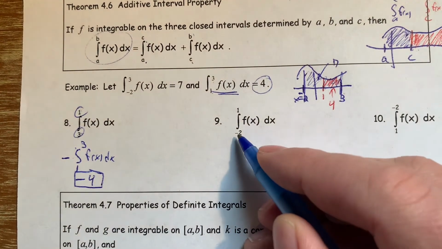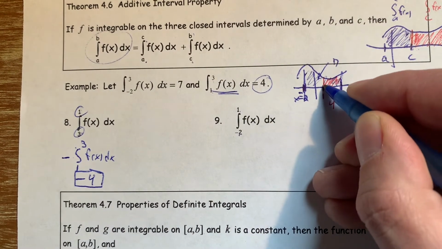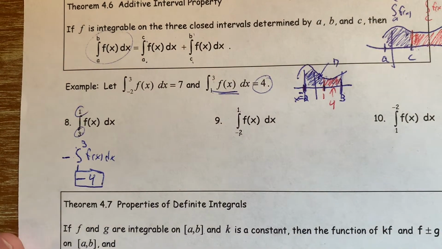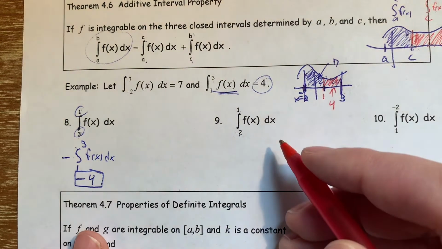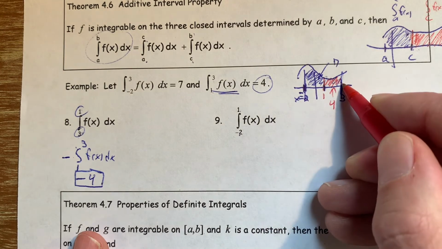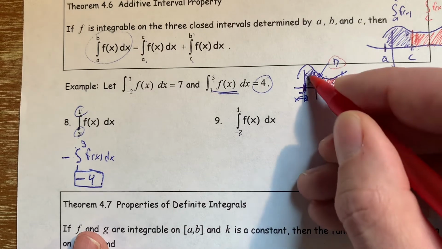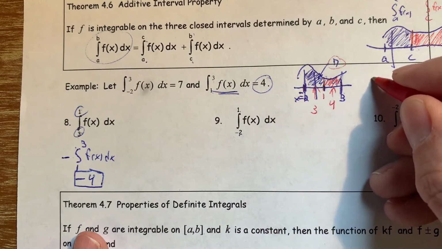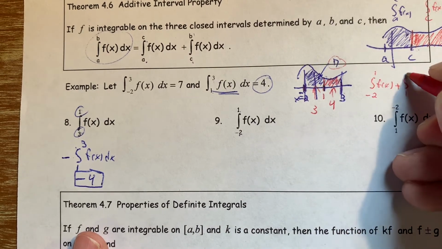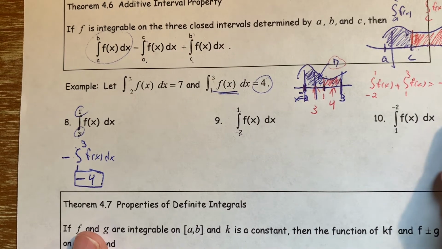How about the integral from negative 2 to 1? What is this area here going to be? Try to figure it out. Hopefully, you were able to figure out that since the whole area from negative 2 to 3 was 7, and the area from 1 to 3 was 4, then this part must be 3, because the integral from negative 2 to 1 plus the integral from 1 to 3 has to equal the integral the whole way, from negative 2 to 3.